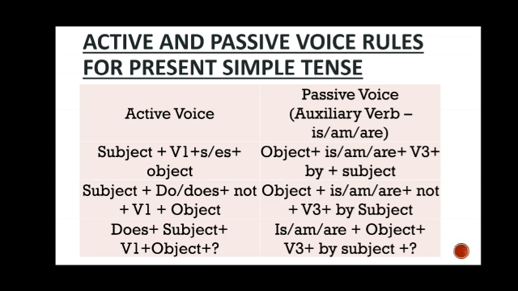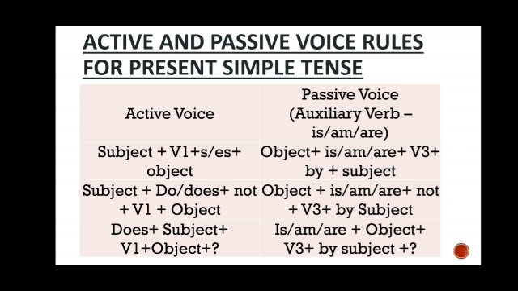If the object is plural, you will use are. But in other conditions, suppose I is given, then we use am. You is given, then we use are. They is given, then also we use are. Then verb third comes, and after that by, and then subject.